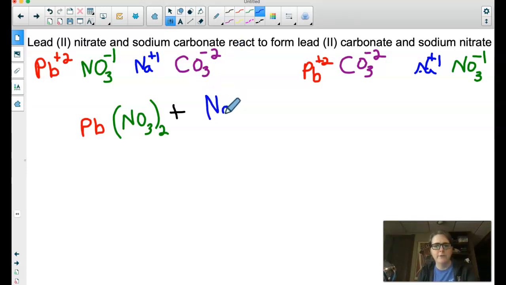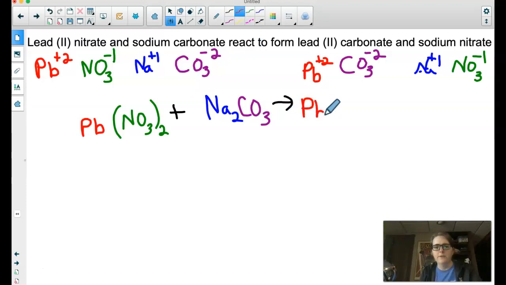So then for sodium carbonate, I'm going to need 2 sodiums to go with my carbonate. And then that reacts to form. That just tells me I'm going to the other side of the reaction, so going from reactants to products.